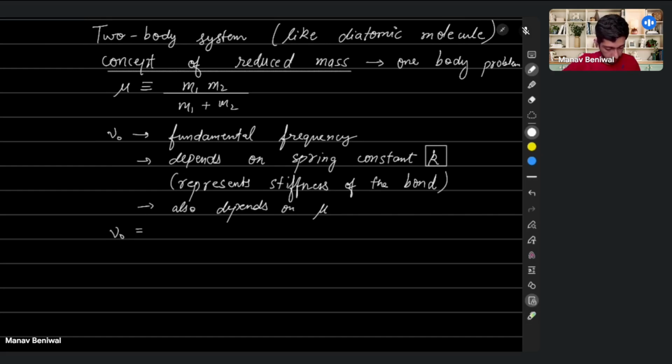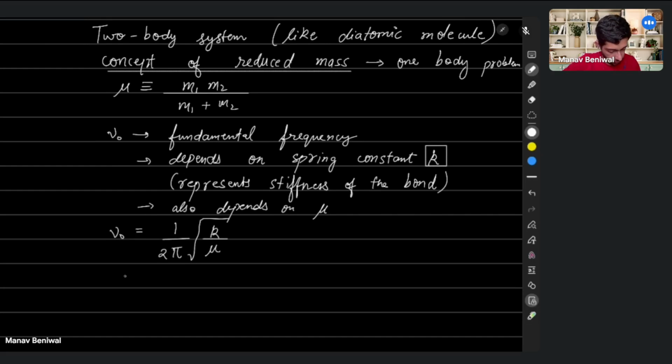So nu naught is 1 over 2 pi under root k by mu. This is the formula, and now we have already calculated mu.